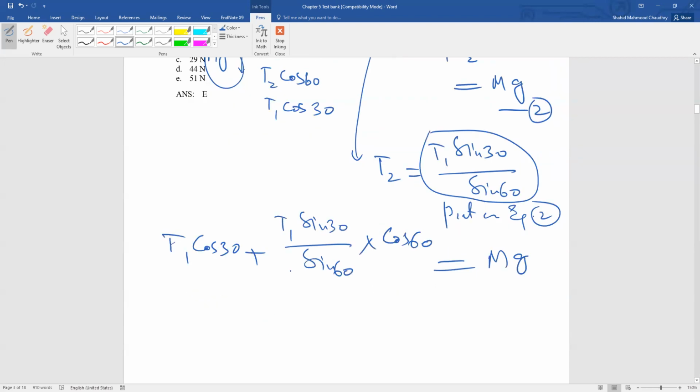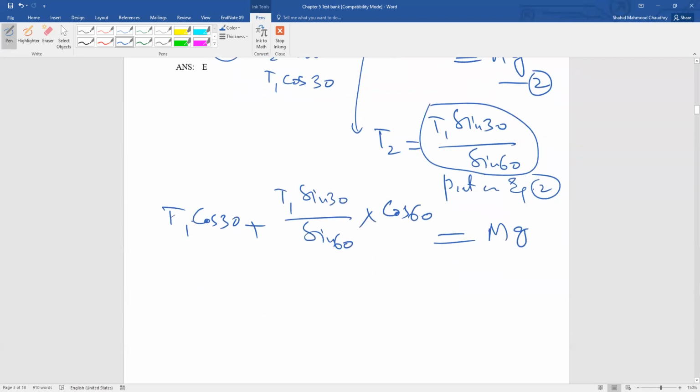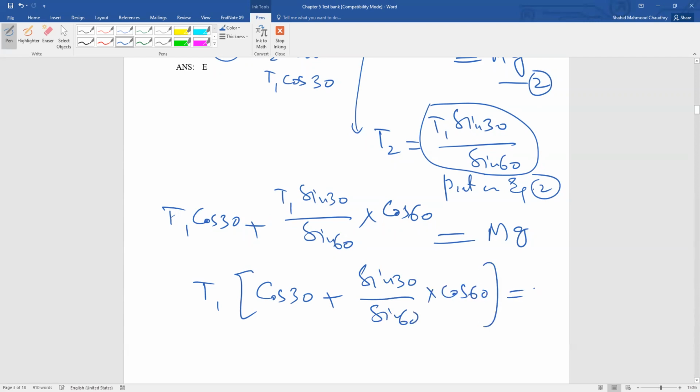Now we have all the equations clear. Here we can take T1 common and then solve for the others. So T1 times cos of 30 plus sine of 30 divided by sine of 60 multiplied by cos of 60 is equal to mg.